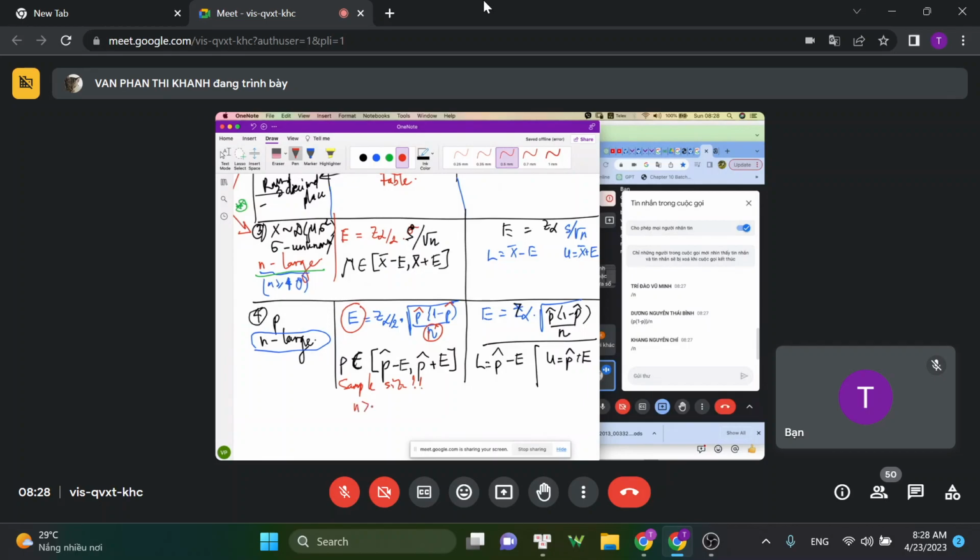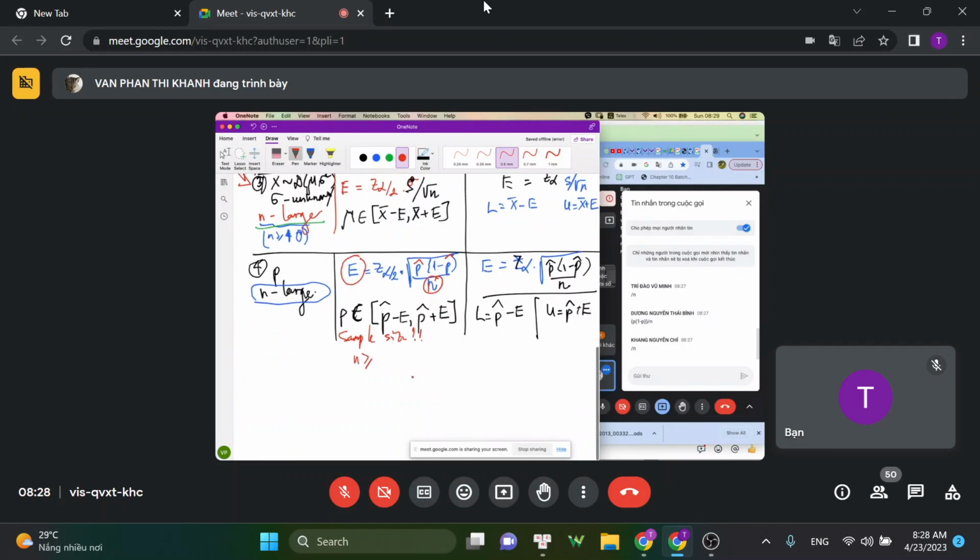About the sample size, for a given error, n is greater than or equal to what? Class, please tell me. From this equation, what can you find?